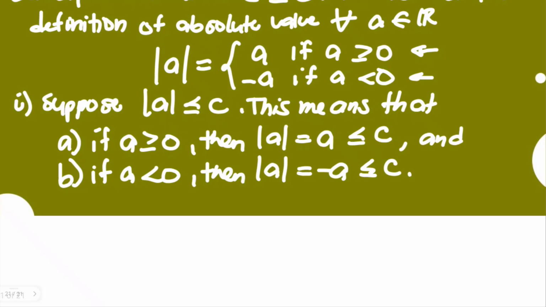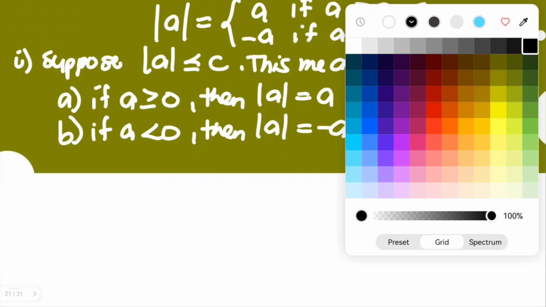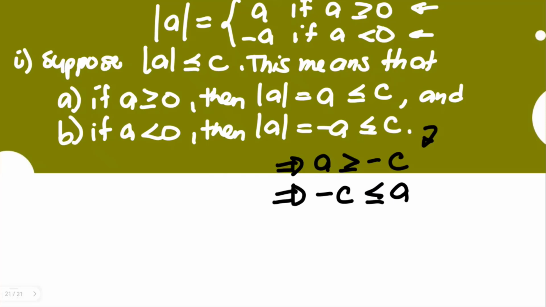Now, with these two, let me use the black pen. This can be rearranged: when you multiply both sides by negative, the inequality symbol will be changed. Again, don't forget about the properties of inequality. We have negative C less than or equal to A. Please don't forget about that.